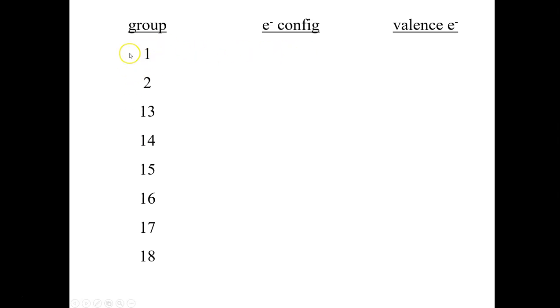But if you look at group 1 and 2 and 13 through 18, and we talk about what is their electron configuration, if you're in group 1, that means you're in S1, right? That's all you have. You just have an S1 on your outer energy level. If you're in group 2, however, you have S2. And then if you skip over to group 13, that would be the beginning of the P block.